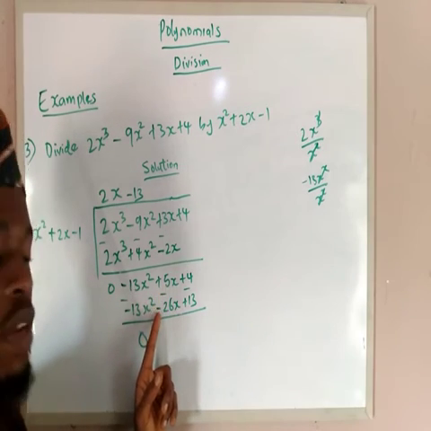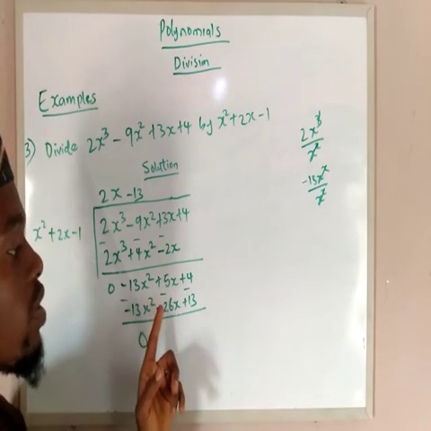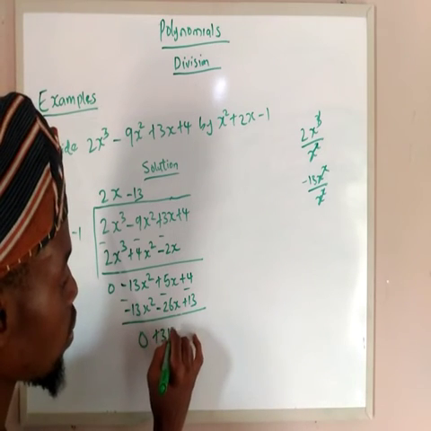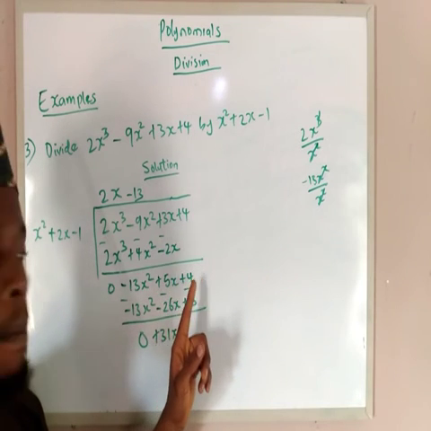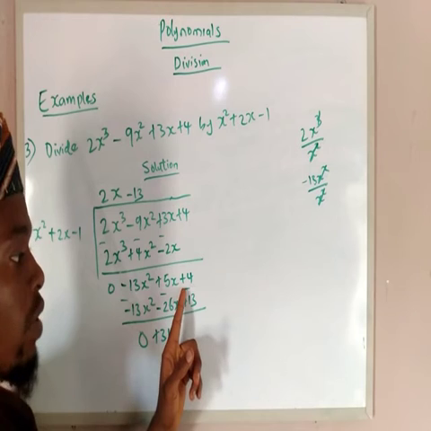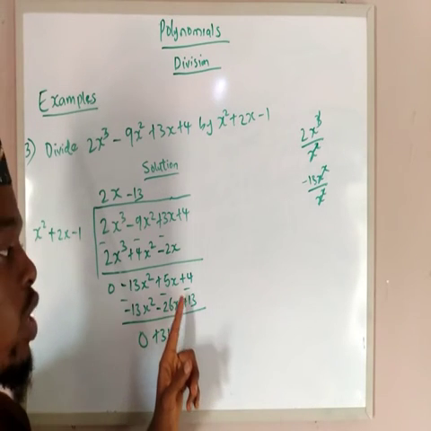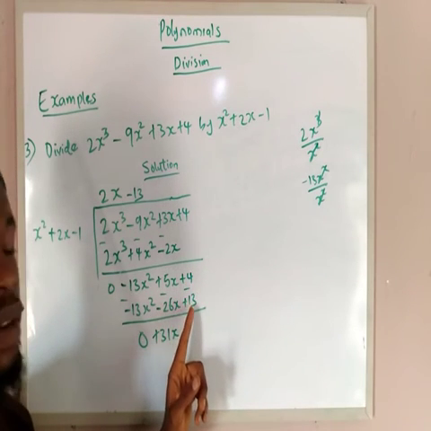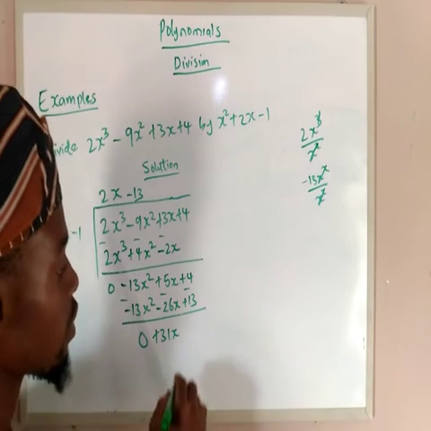Minus will multiply minus, it will become plus, and we will have plus 5x plus 26x, and that will give us plus 31x. Plus 4 minus plus 13. The minus here will multiply the plus here, and we will have minus. So it will become plus 4 minus 13, and that will give us minus 9.